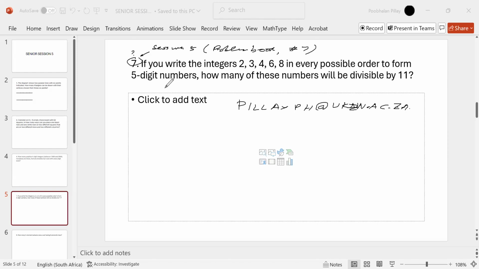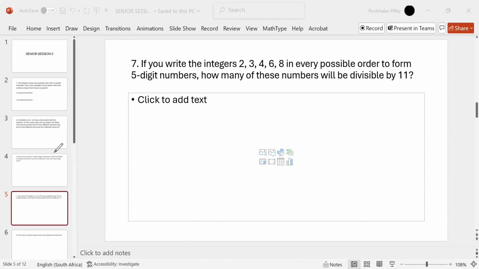This is question 7 in session 5 in the problem book, but it's the 4th problem that we are doing. And let's have a look at this problem. It says you're going to use these 5 numbers, 2, 3, 4, 6, and 8, to form a 5-digit number. Okay, let's put down our 5-digit number as we did before.